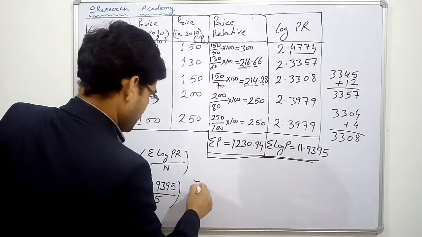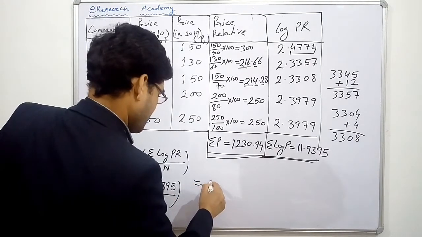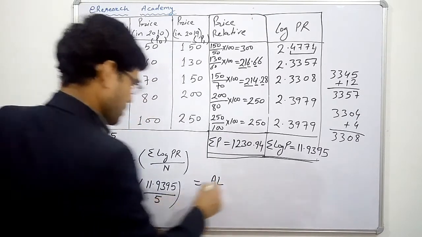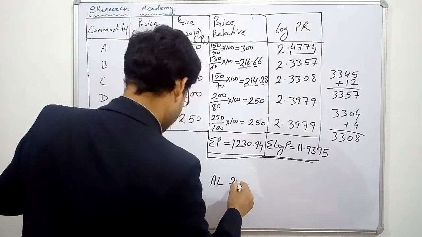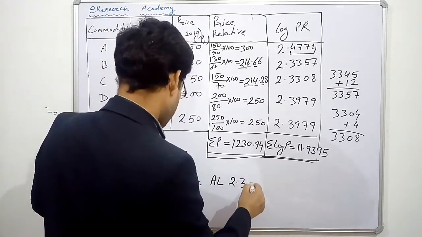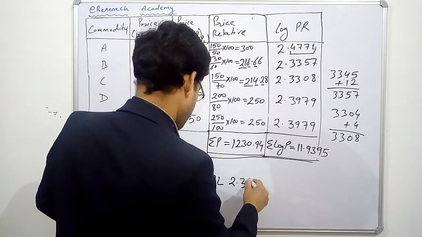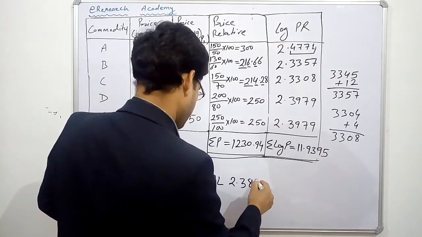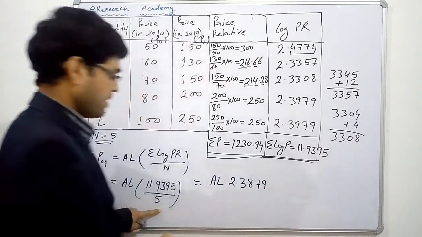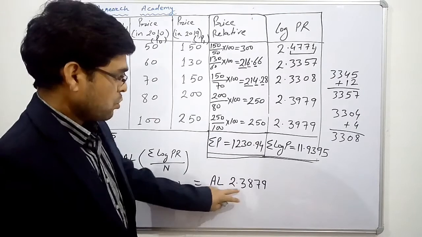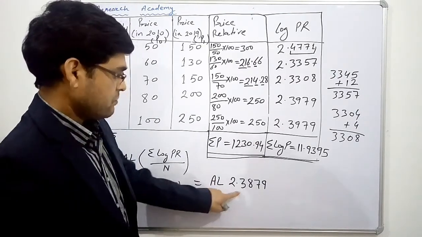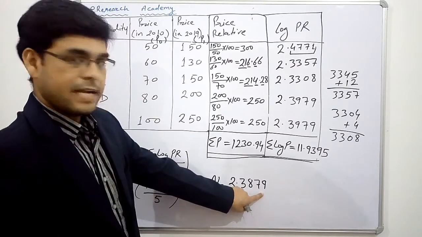So this becomes antilog of 2 point, 5 3 are 15, 5 8 are 40, 5 7 are 35, 5 9 are 45. So antilog 2.3879.